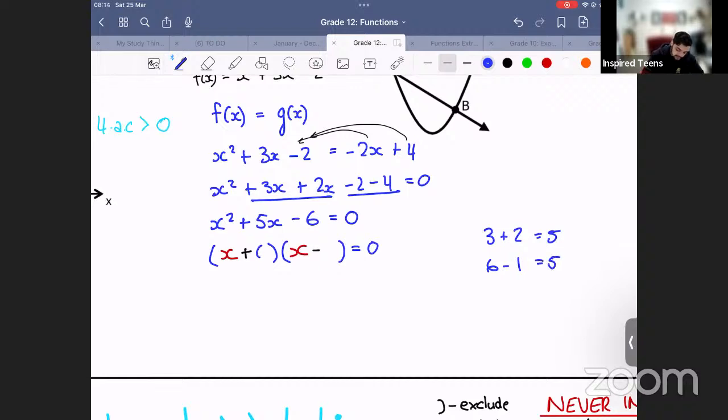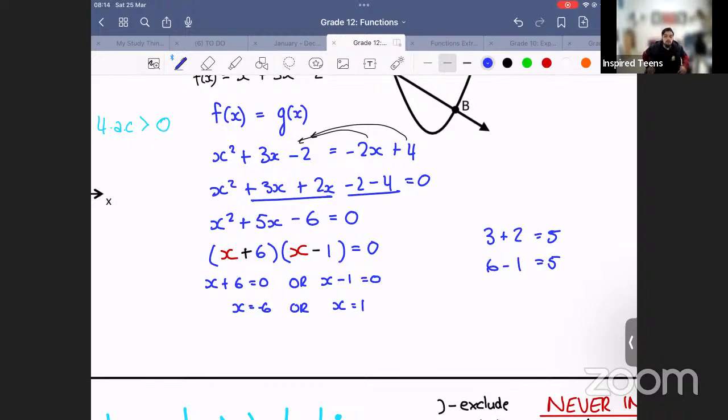So I can have a positive 6 and a negative 1, that's going to give me positive 5. Now I equate each bracket to 0. So x plus 6 is equal to 0, or x minus 1 is equal to 0. Take it over to the other side, x is equal to -6, or x is equal to 1.